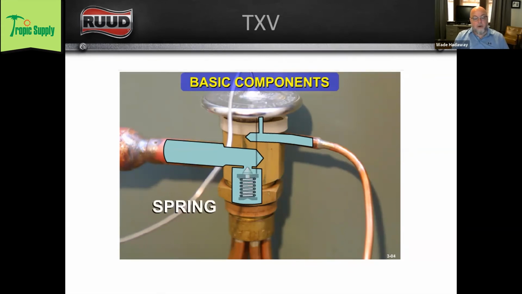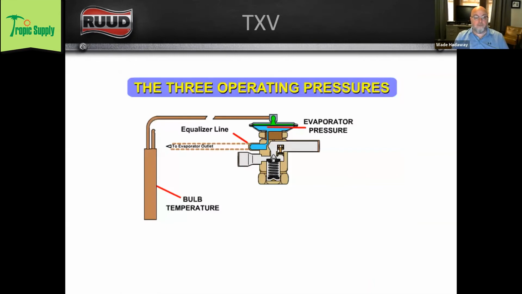We've got a power head pushing against a spring, and that pressure differential is what changes the size of essentially what our orifice would be, right? Or the gap that our refrigerant is being metered through. So we've got our sensing bulb, which is going to the top of our power head. You can see this black line right here that shows the diaphragm.